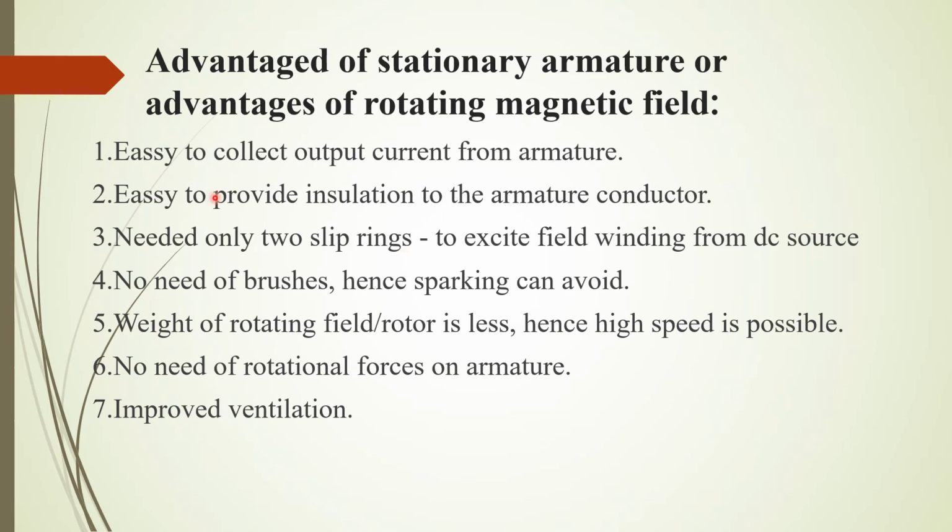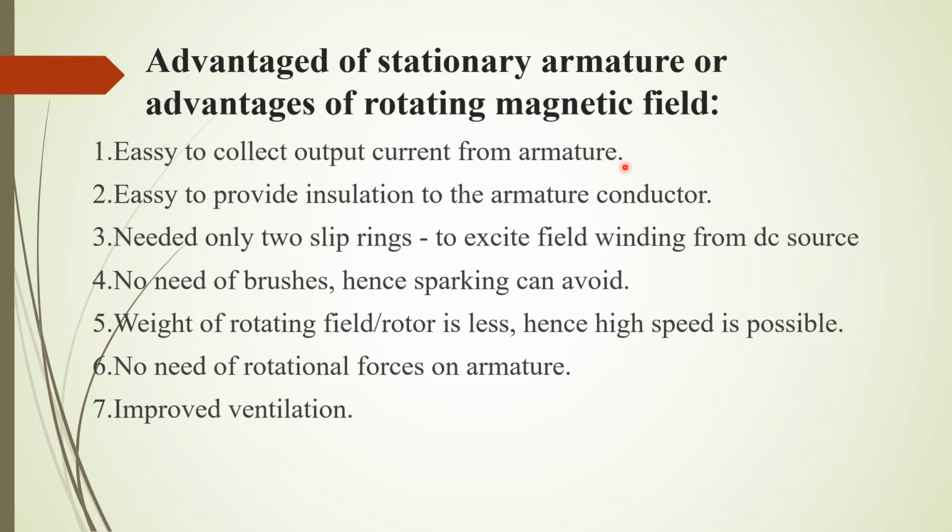So here you can see 7 important reasons to keep the armature as a stationary part in an alternator. Let us discuss them. The first point is that it is easy to collect the output current from the armature.